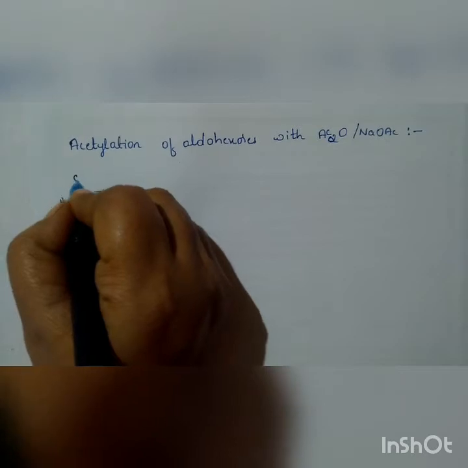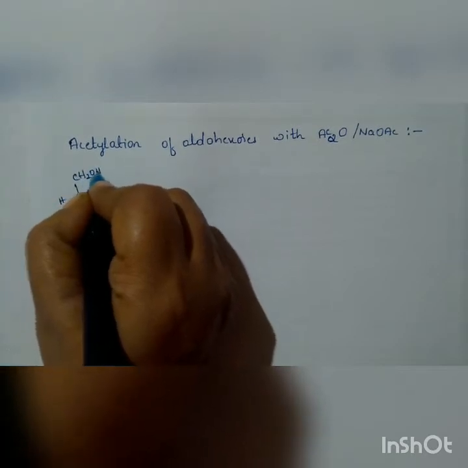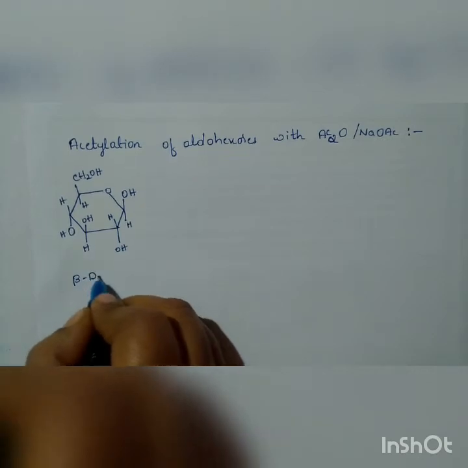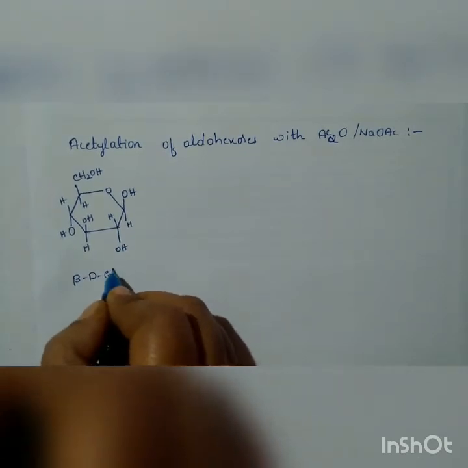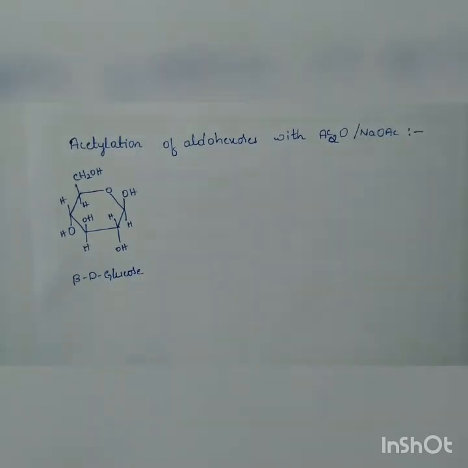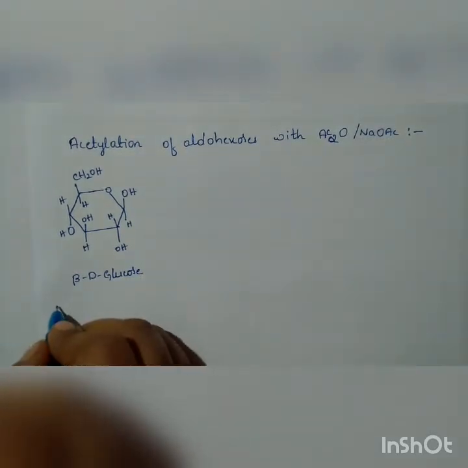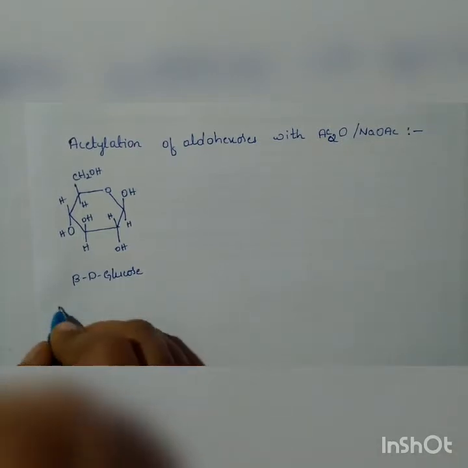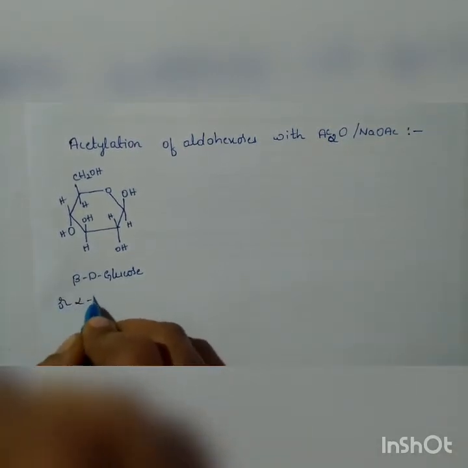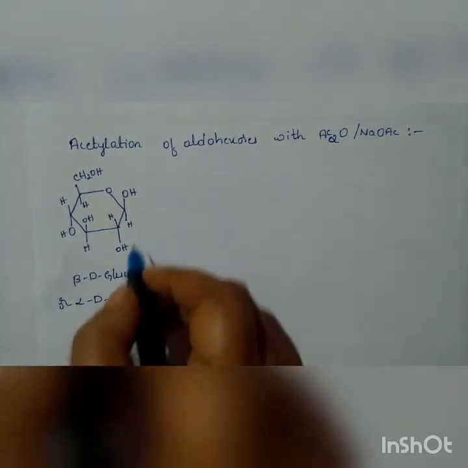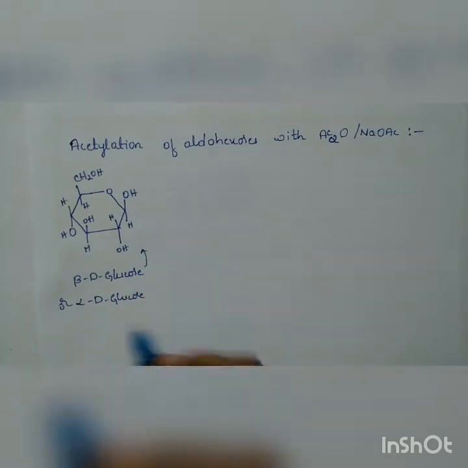So this is our beta D glucose. If you take alpha D glucose also, the product will be the same. You can consider either one, but this one is beta D glucose.